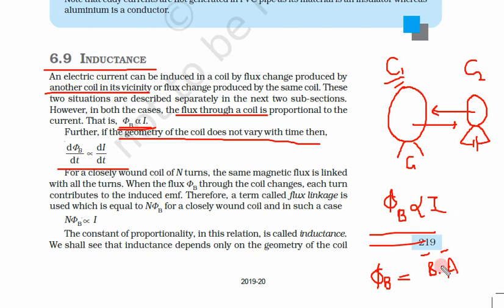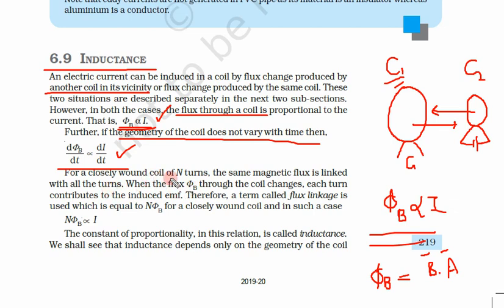So geometry is also not changing. So what happens? The flux change is proportional to the change in current. We have seen that phi b is proportional to I, and change in flux is proportional to change in current. So flux increased, current increased; flux decreased, current decreased. This is what we are trying to say.